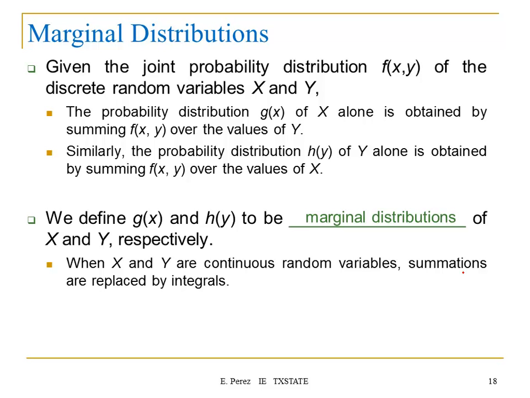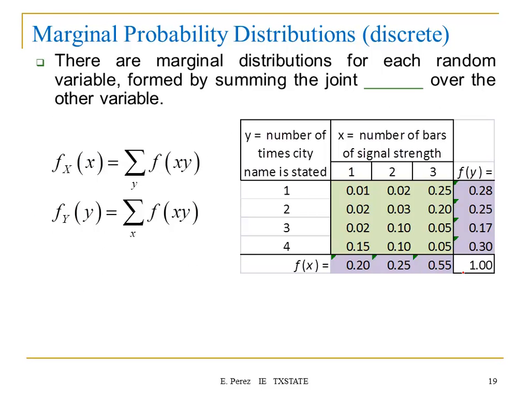So you're going backwards, I would say. You have the joint, and you want to know the probability for x and the probability for y. That's the concept of marginal. The marginal distribution for each random variable is formed by summing the joint probability mass function over the other variable.